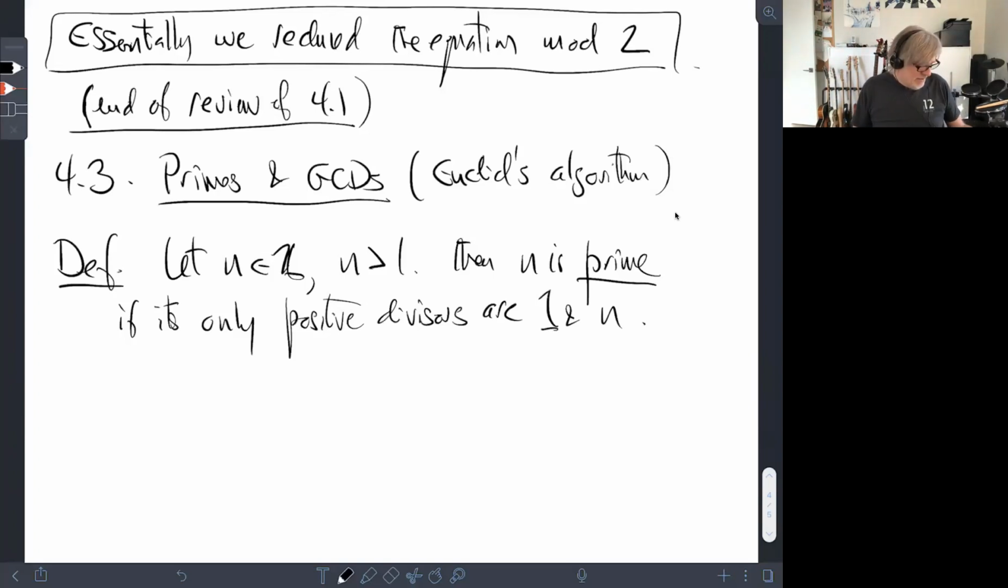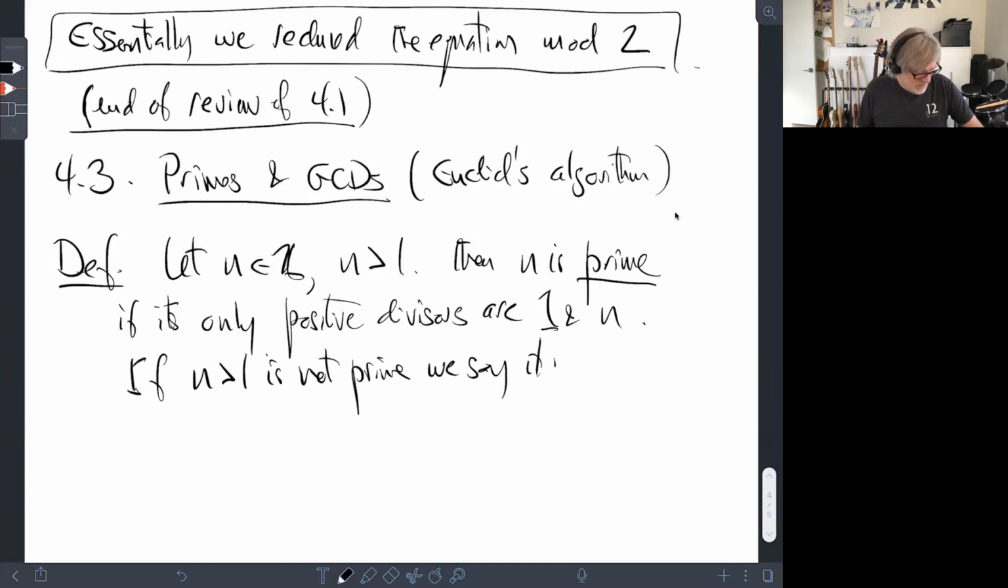If an integer is not prime, it's called composite. So if n bigger than 1 is not prime, we say it is composite. That's the name.